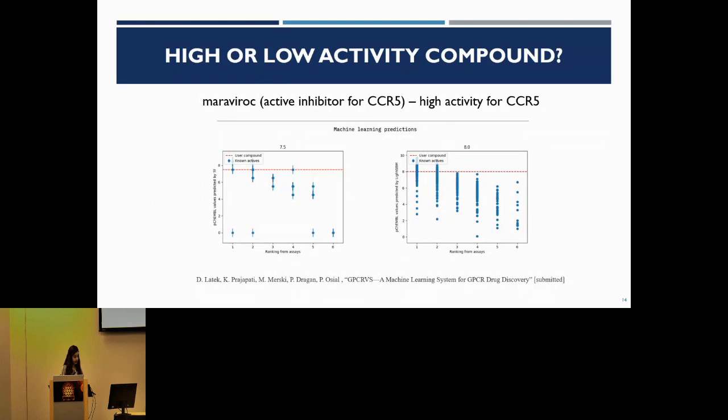The red line corresponds to the predicted activity of Maraviroc. The blue points correspond to the predictions for known ligands of CCR5. And on the x-axis, you can see a ranking of these compounds obtained from assays. And you can also see here that Maraviroc is classified as one of the most active compounds, ranked as first or second in the functional assays.